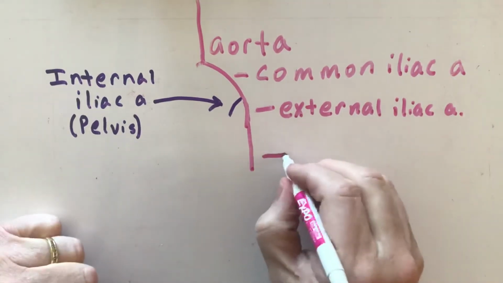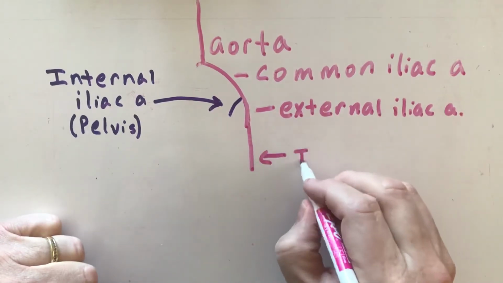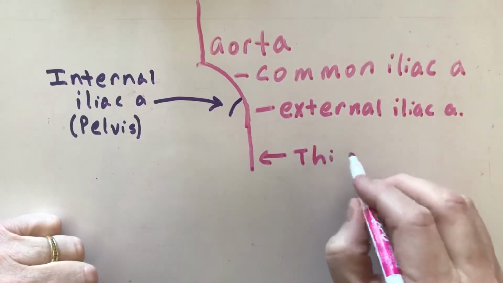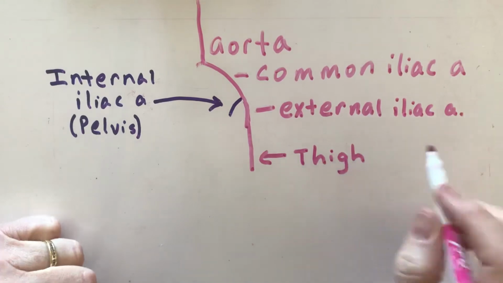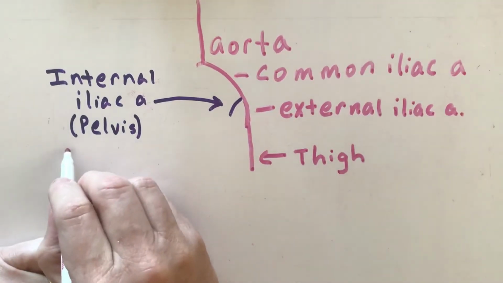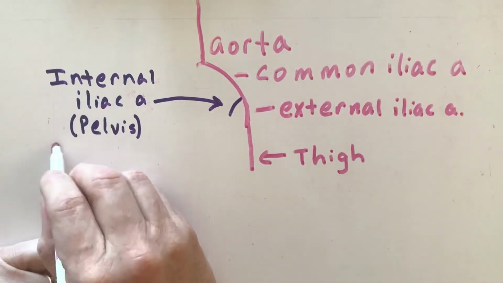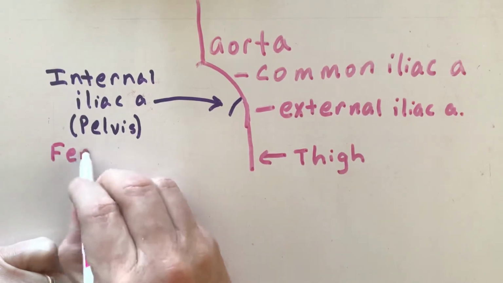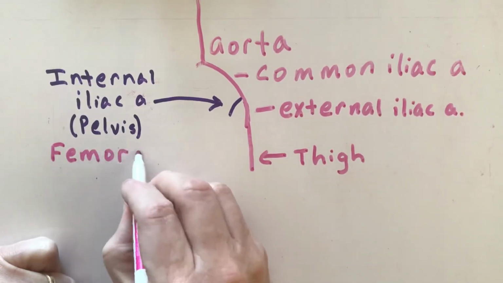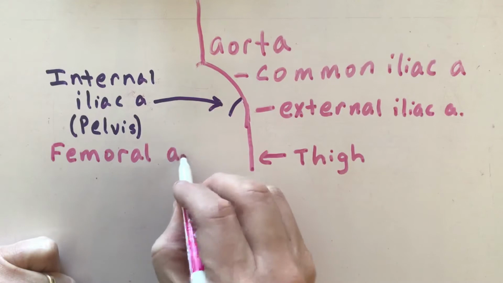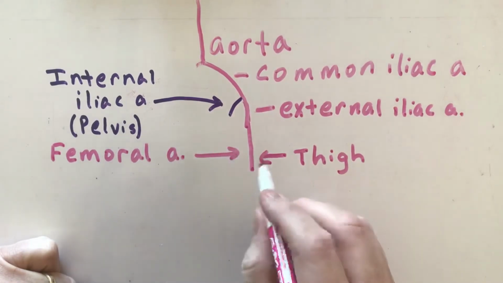So when it gets into the thigh, if you recall, when we studied the thigh before, we called the bone in the thigh the femur. Well, this is going to be called the femoral artery. So this is our femoral artery here.